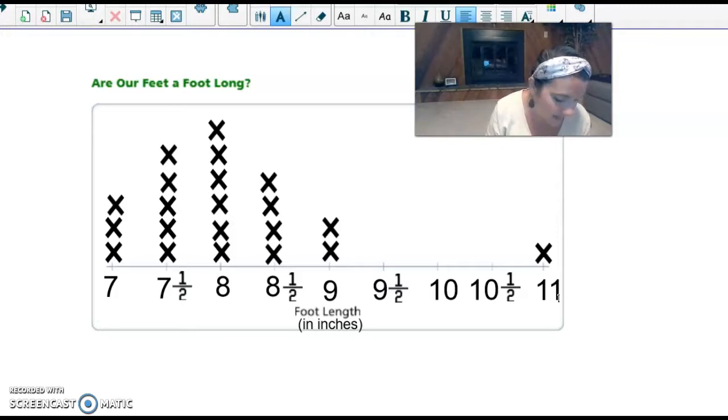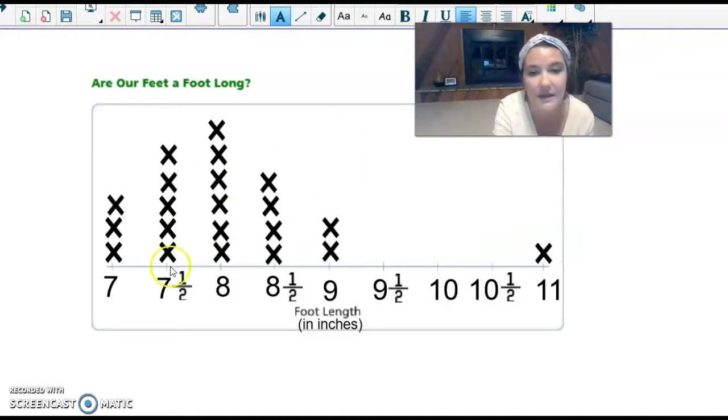Is there any data that's clumped together? It's all together or concentrated together? Well, we do have our main clump of data right here from 7 inches to 9 inches, since we do have an outlier. Okay. So what part of the class does the clump represent?